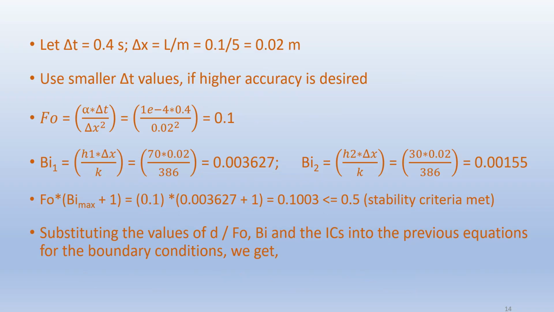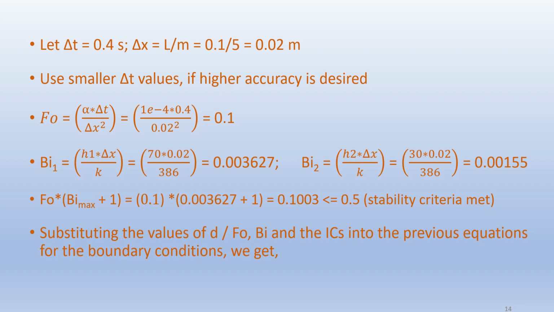Let us assume a small time step delta t equals 0.4 seconds. We have delta x equals L over m, where m represents the number of grid spacings, which is equal to 0.1 over 5 equals 0.02 meters.